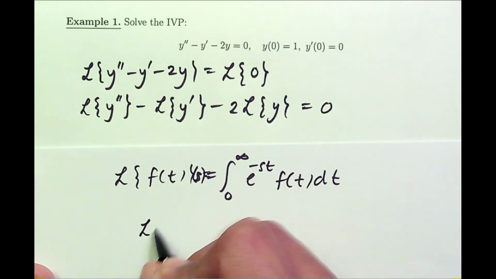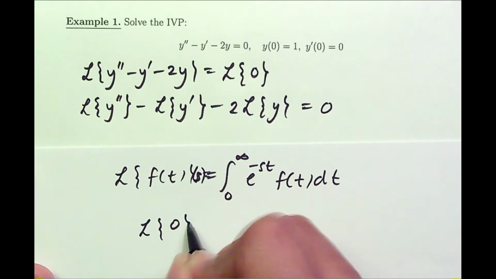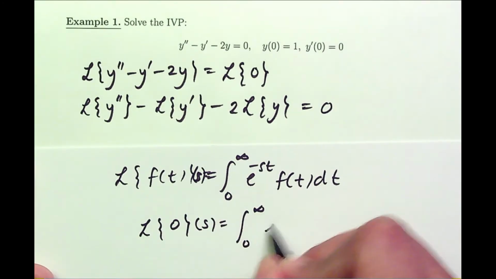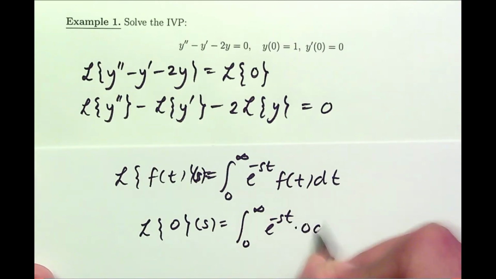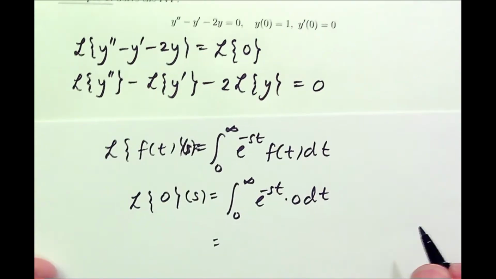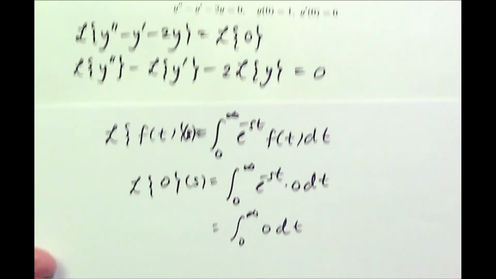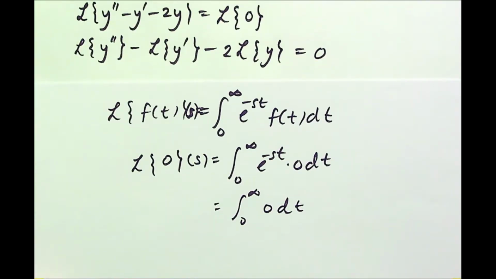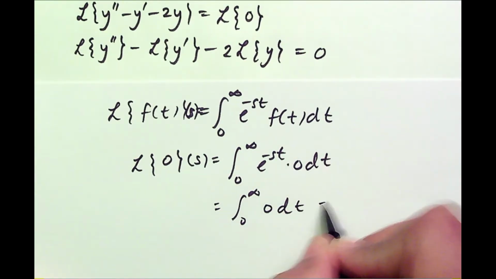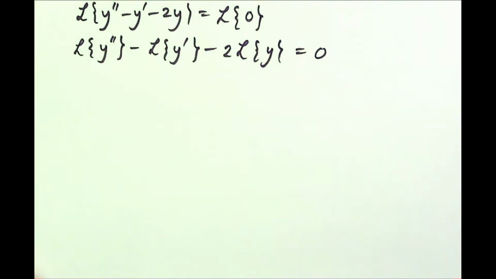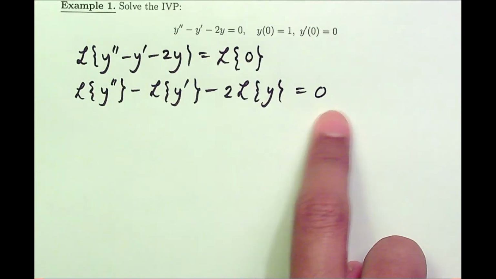So if I'm trying to find the Laplace transform of 0, this is just the integral from 0 to infinity of e to the minus st times 0 dt. And that's the integral from 0 to infinity of 0 dt. The integral of 0 is 0, so this is just 0. So the Laplace transform of 0 is 0. Okay, so that just gives me, on the right-hand side, 0.